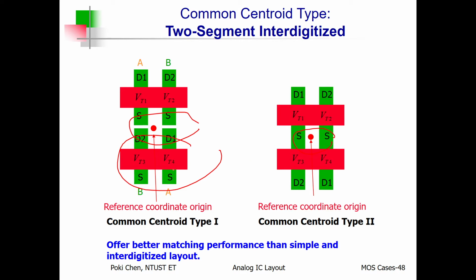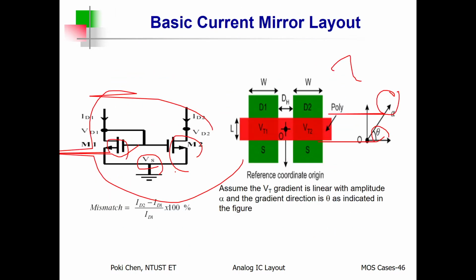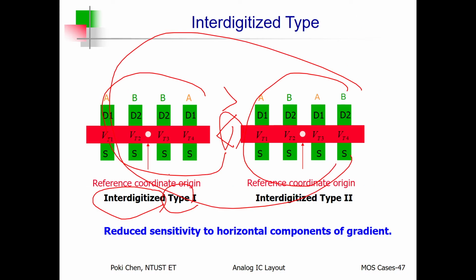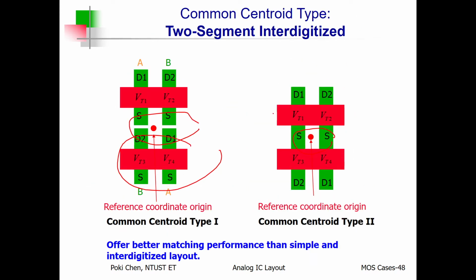Then, never mind whether it belongs to M1 or M2. According to the schematic, they can be connected. It means they can be overlapped because they share the same node, right? So in this way, you will see they are almost the same for the layout pattern. However, common centroid type 2 has better compactness.